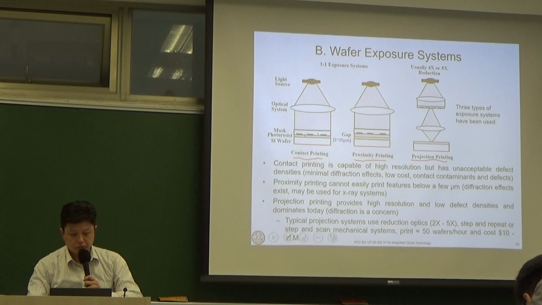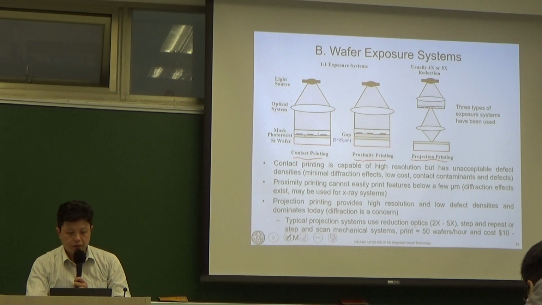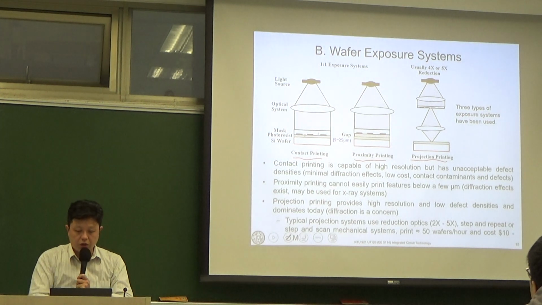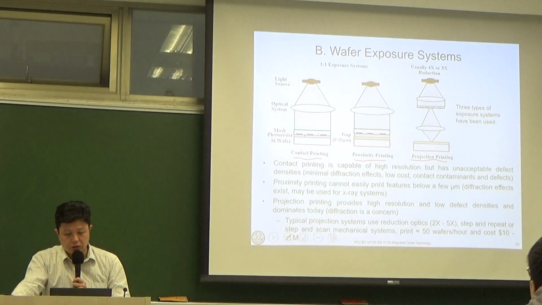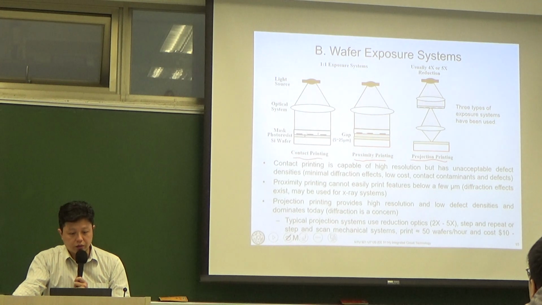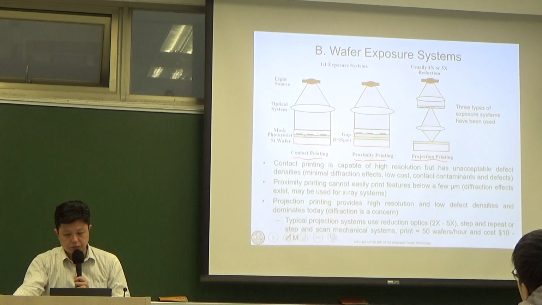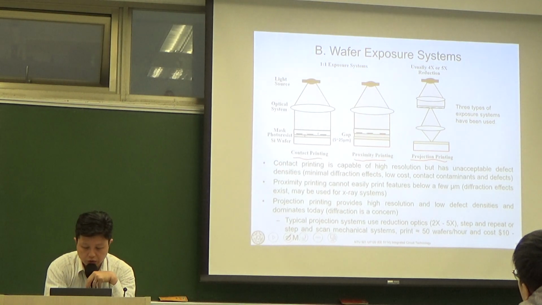Okay, and this kind of system requires less optics, so the cost is relatively reasonable. So at the university level, I think we mostly use this contact aligner in our curriculum for students to practice their device fabrication.